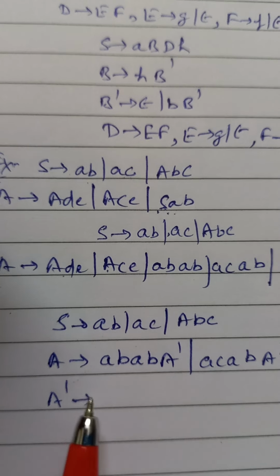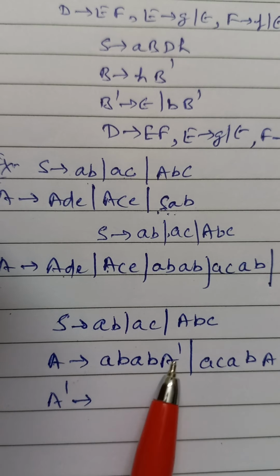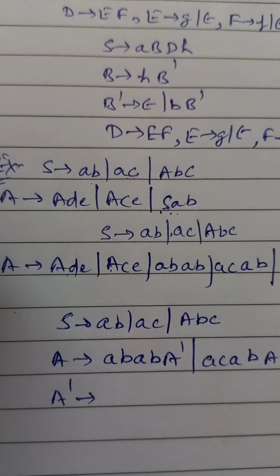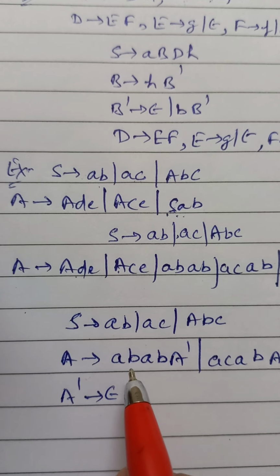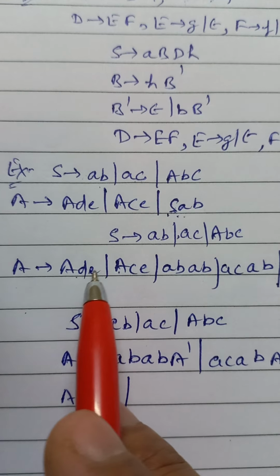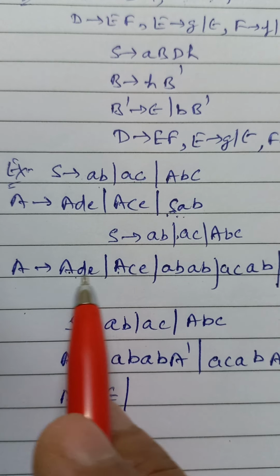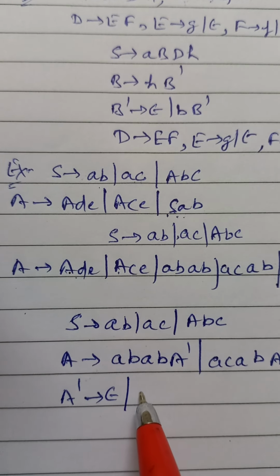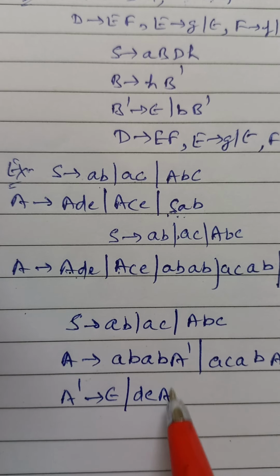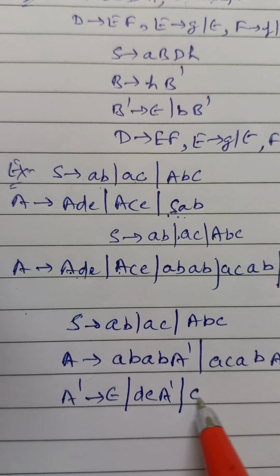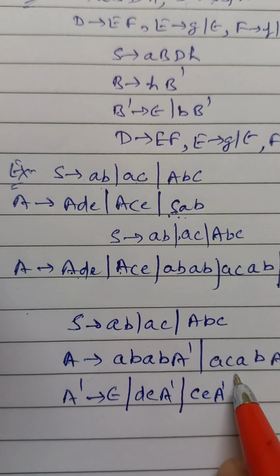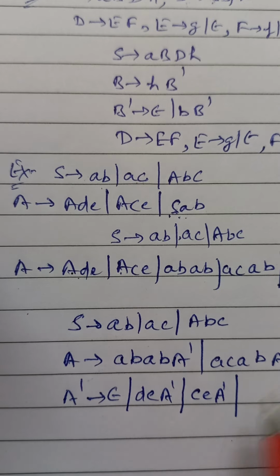And now move to A'. What will be the value of A'? A' can be epsilon if repetition is not required, or what else can it be? What is left, because left recursion is present there? We are going to write DE A', and CE A'. And what else is left?